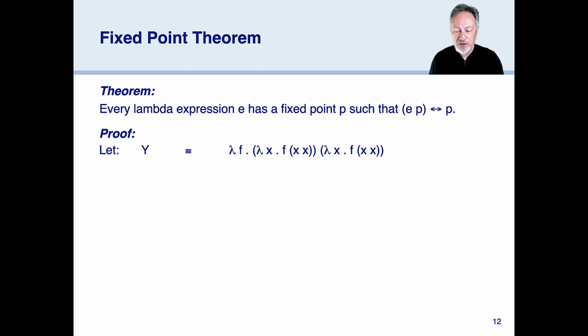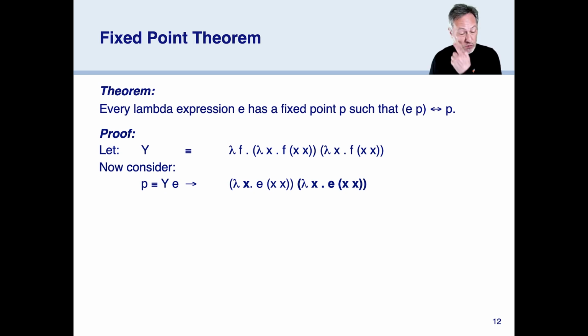If that's not magical, I don't know what is. But let's see how it works. Suppose we define P, the fixed point that we're looking for, to be this magical Y applied to E. In other words, we're binding f to E. So now we get the body lambda x. E applied to xx, and that thing applied to itself.